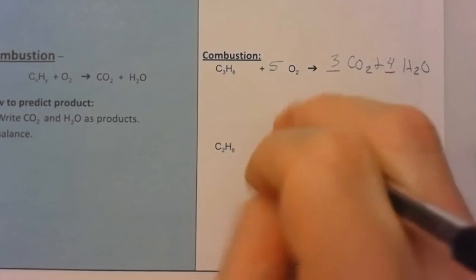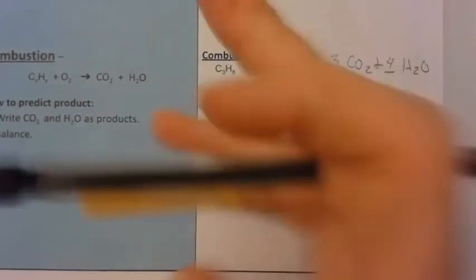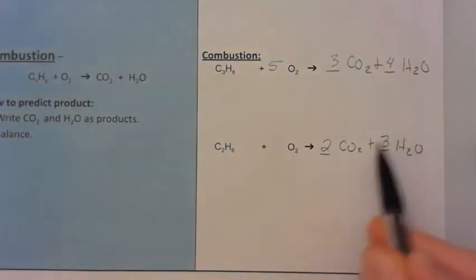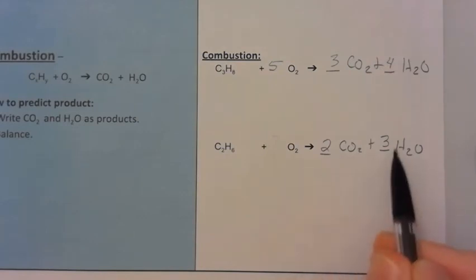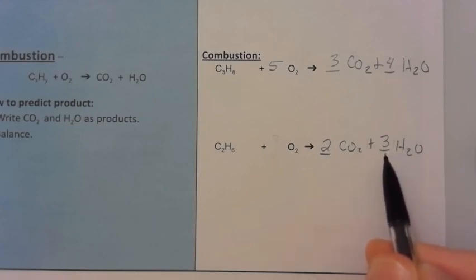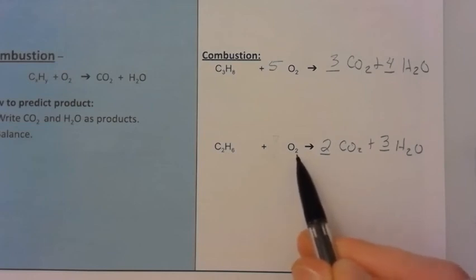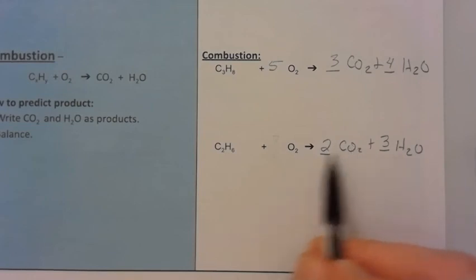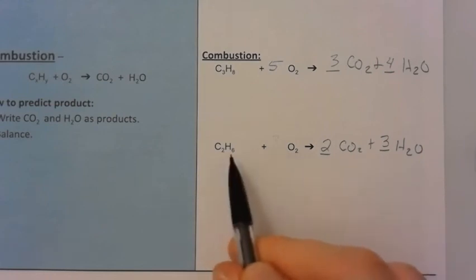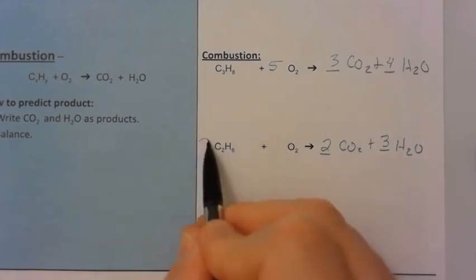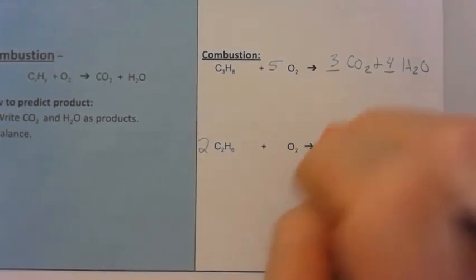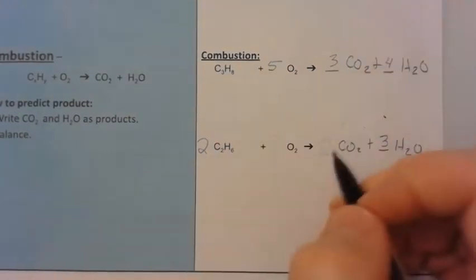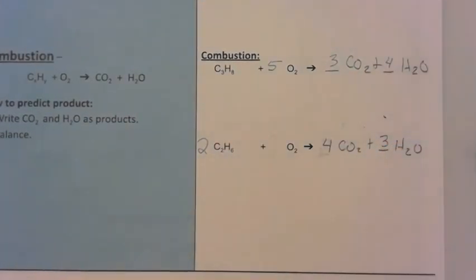The other way to go about this, anytime we have an odd number of oxygens on the product side, is to say that if I doubled this number and I doubled this number, I wouldn't have 7 oxygens, I'd have 14, and then 14 is an even number, and I can get 14 oxygens on the reactant side. So the way to double these coefficients is to double this reactant. So if I put a 2 here, I now have 4 carbons going in, so I'm going to need 4 carbon dioxides being produced.